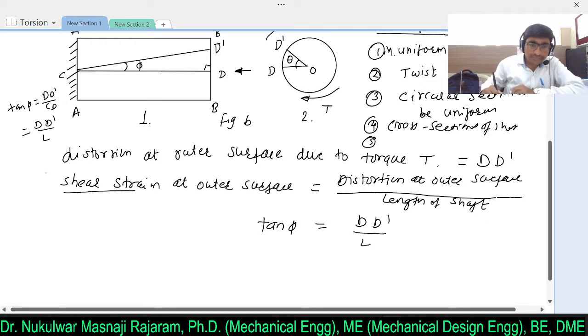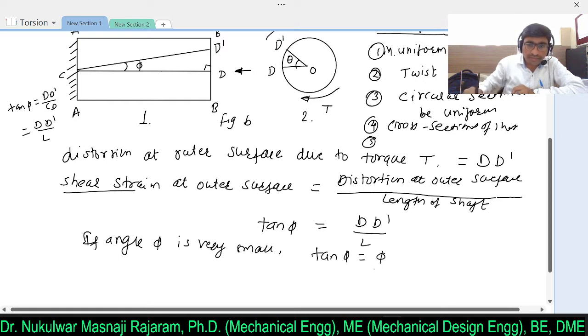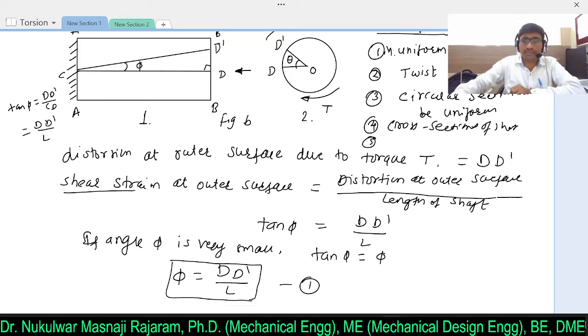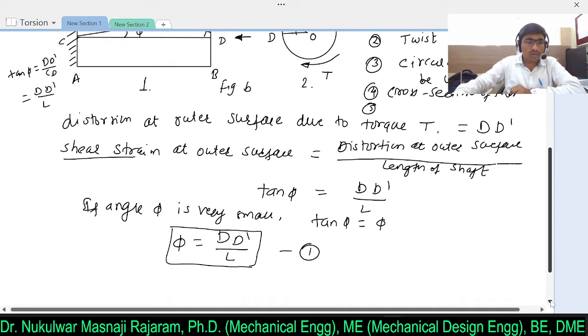And if angle phi is very small, at that time we can say that tan phi will be phi. Clear? So the same equation I can rewrite, that is phi equal to dd dash divided by L. So this is one equation we get, and I will write this as equation number 1.